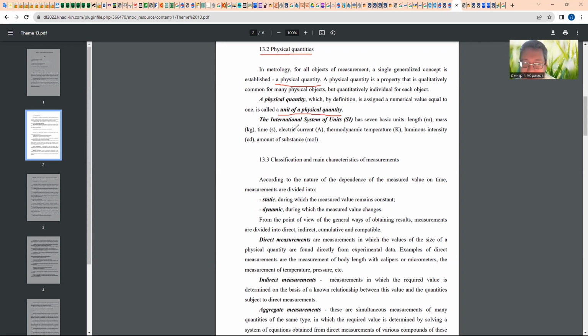The International System of Units, System SI, has 7 basic units: length in meters, mass in kilogram, time in second, electric current in amperes, thermodynamic temperature in Kelvin, luminous intensity in candela, amount of substance in mole.